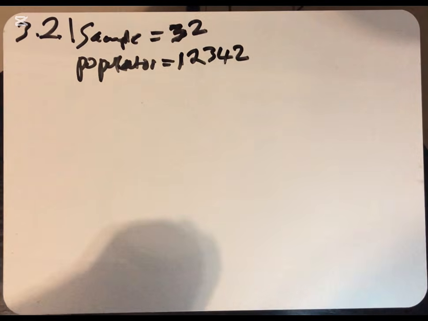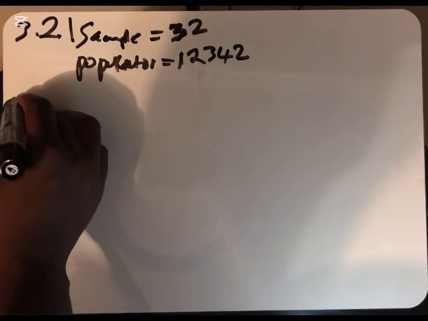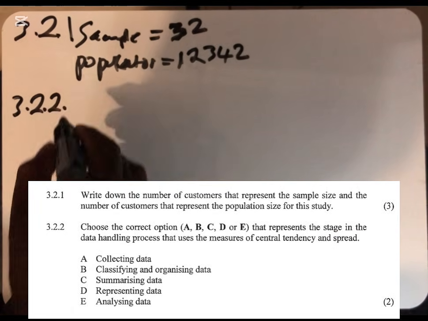So the store received 12,342 customers, but the study concentrated only on 32 of them. That's why we're saying that the sample space is 32, then the population size is 12,342.